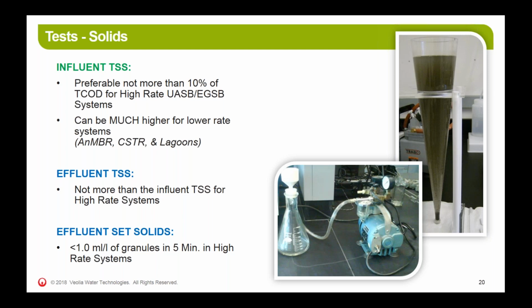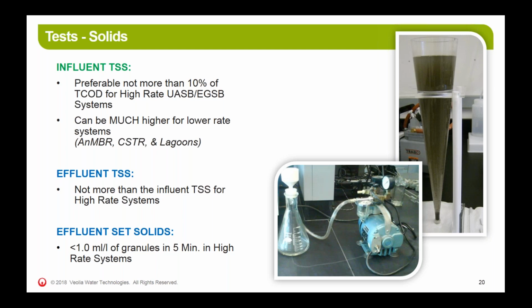If you have higher solids in the influent, you're going to want to use a CSTR, anaerobic membrane reactor, or lagoons, as they can handle the solids, and actually you can get some solids digestion out of them. On the effluent TSS, for the high rate systems, the effluent TSS should not be more than the influent TSS.